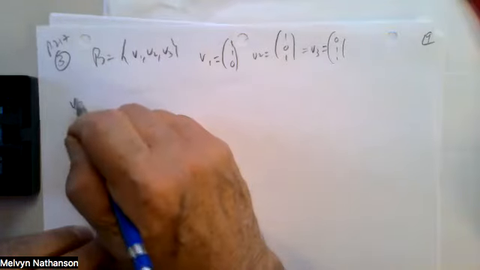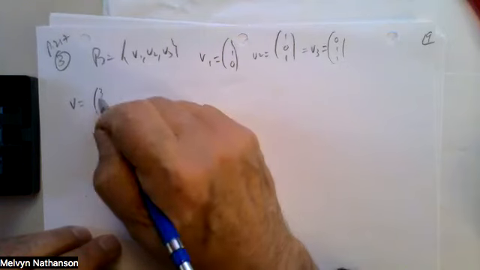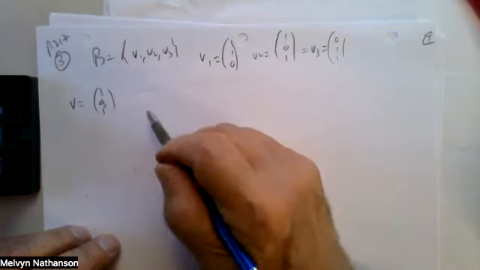So we're given the vector V. This is what we're given, and we're not inventing anything. We're given the vector V, which is 3, 4, 5.